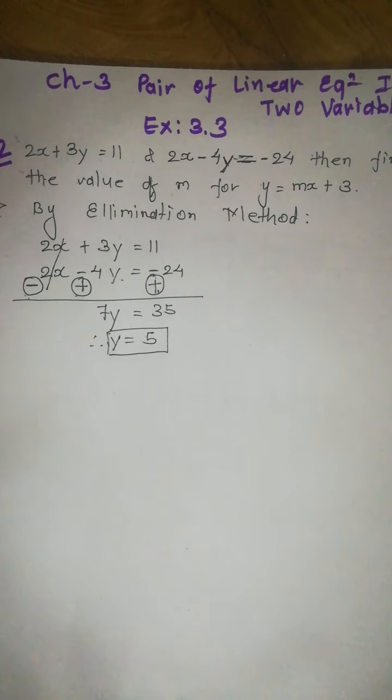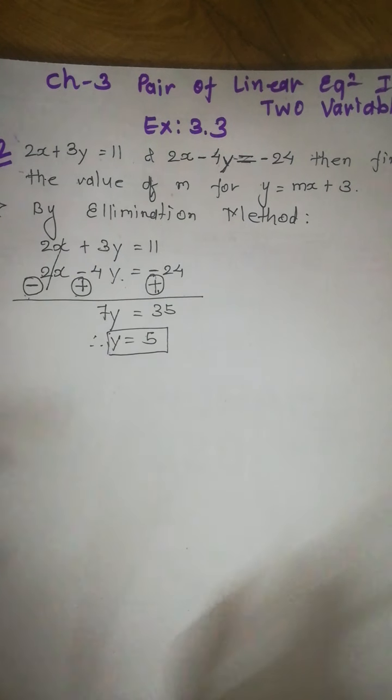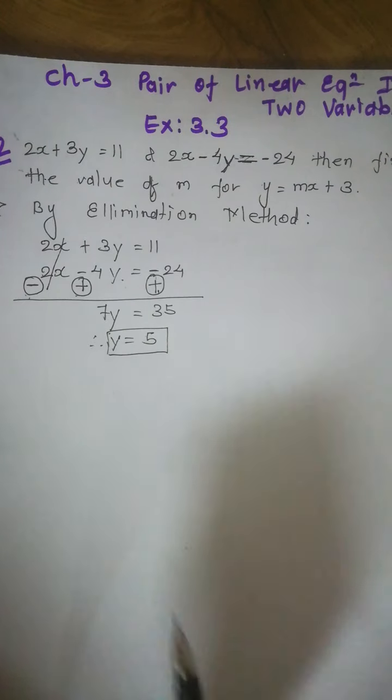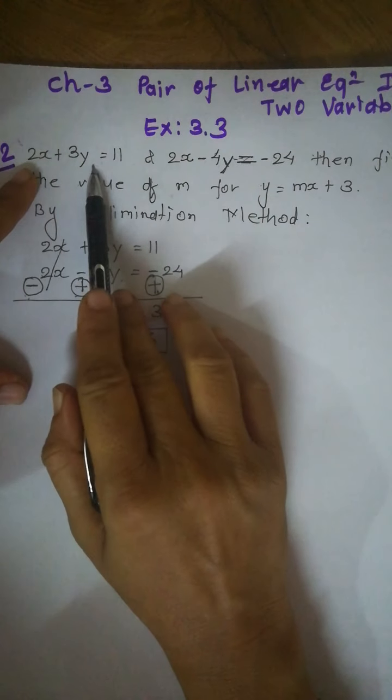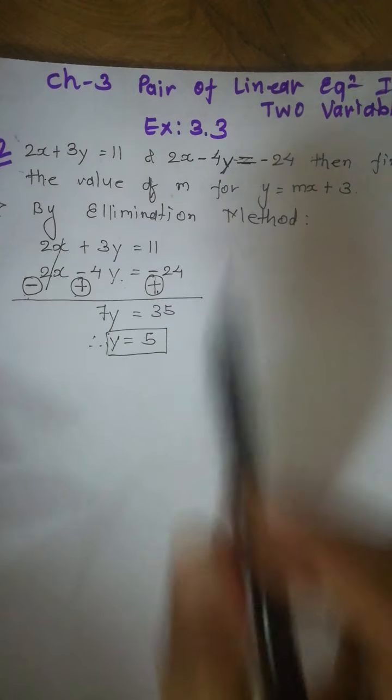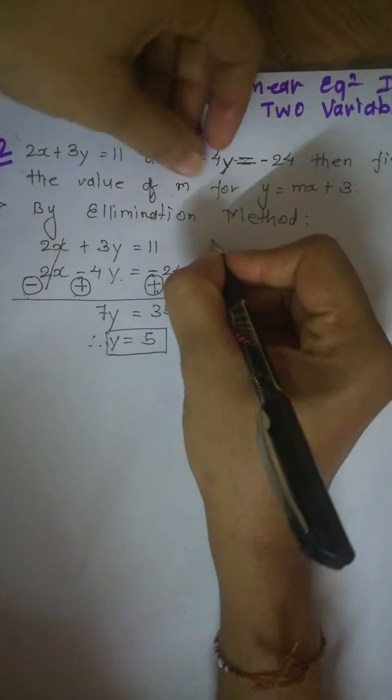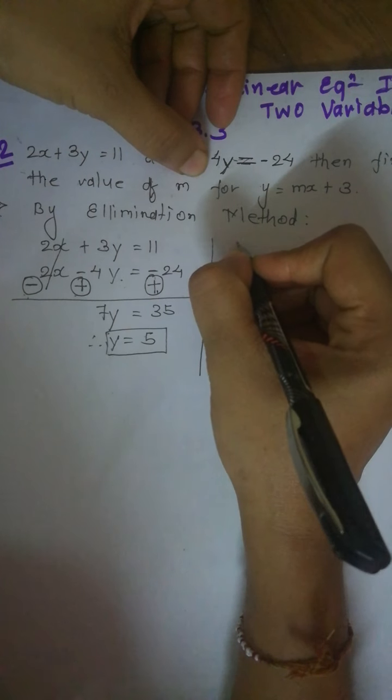So we have the value of one variable, y is equal to 5. Now put the value of y in any of the equations, equation 1 or equation 2. It depends on you. I choose equation 1.